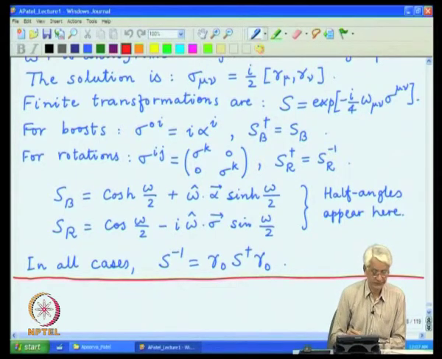The first thing is to construct the adjoint spinor.